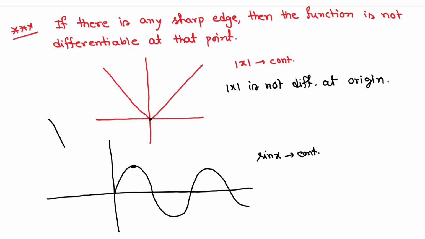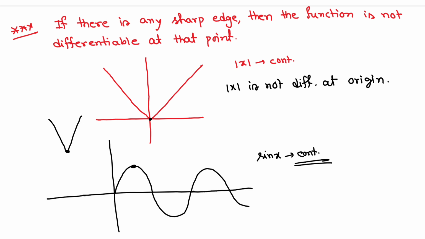Sharp edge means there will be a total change of direction. This is the point of a sharp edge. But here in the curve of sin x there is no sharp edge. So sin x is everywhere differentiable. So sin x is everywhere continuous and everywhere differentiable. Similarly, cos x is everywhere continuous and everywhere differentiable.